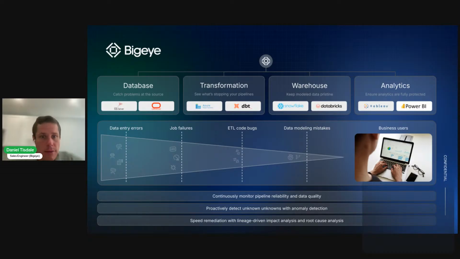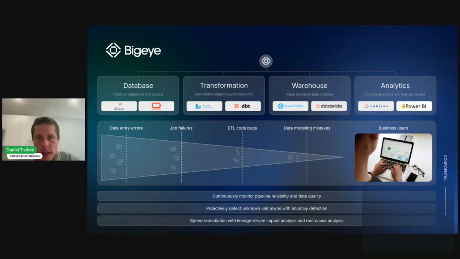We're also able to proactively detect those unknown unknowns with anomaly detection, and that helps speed up the remediation with lineage-driven impact analysis and root cause analysis as well. And we'll see this in the demonstration, as far as how this workflow functions.